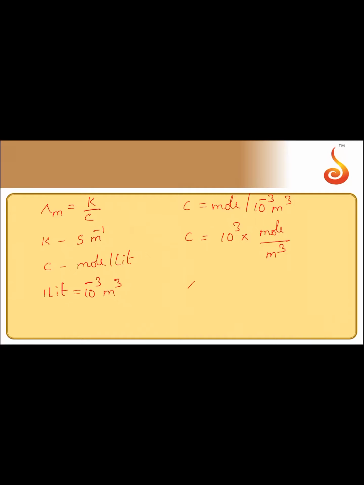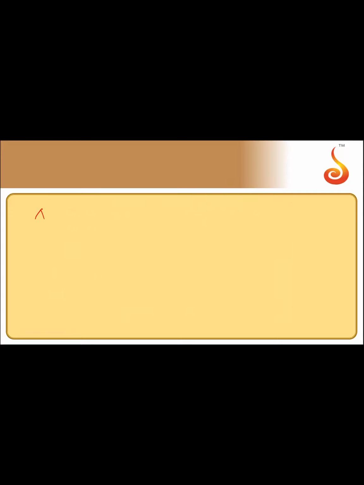Now lambda m is equal to K, where the unit of K is Siemens meter inverse, by C, which is 10 power 3 into mole by meter cube. We can write this as lambda m is equal to K, with unit Siemens meter inverse and meter cube, by C into 10 power 3 into mole.